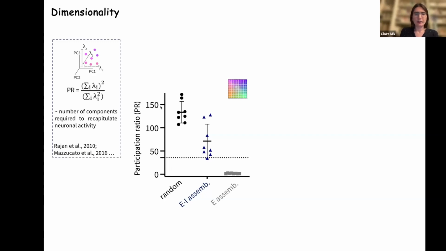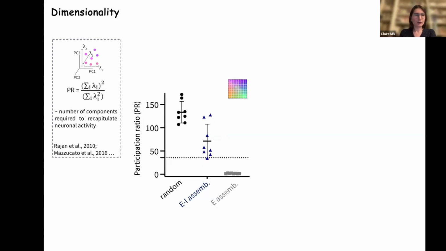So you see that on this plot, the dimensionality of random networks is relatively high, and the dimensionality of networks with excitatory assembly is relatively low and reflects the discrete attractor states. And now the dimensionality of networks with EI assemblies is kind of in between. So it seems that these EI assemblies constrain neural activity.